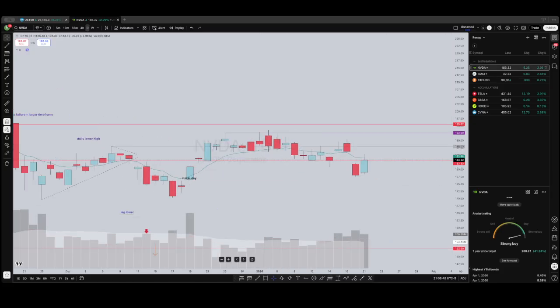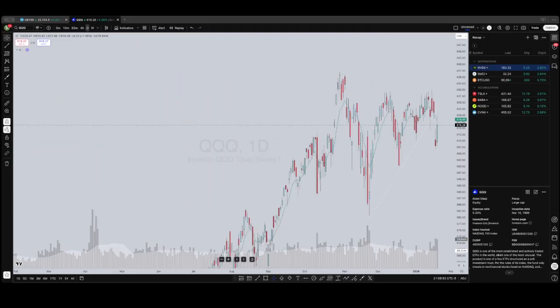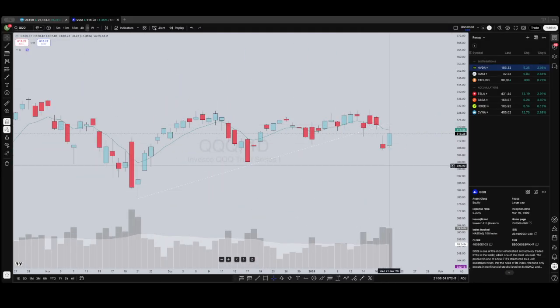Like on QQQ, right? I think it's just a bit cleaner to break down. I would much rather long. Actually, that's not entirely true, but this was a good short, right? This was not a good short because price is already broken down 2%, right? So the truth is you don't know whether something is gonna hold or not.